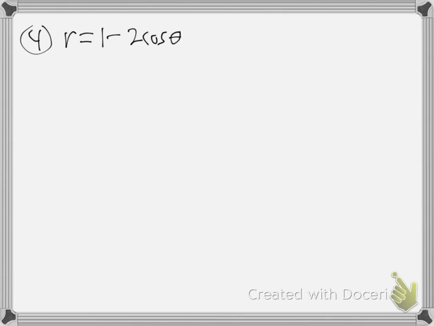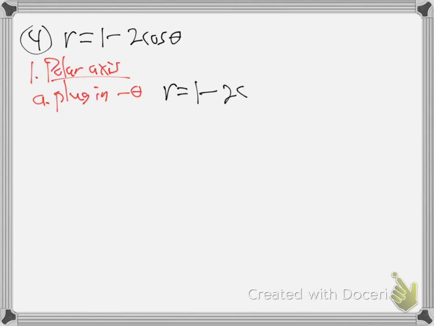All right, how we doing? So let's go through the 3 tests. So first, test number 1, what is it? Polar axis, x-axis. What do we do? Plug in negative theta. So I take that equation, I go, okay, r equals 1 minus 2 cosine negative theta.